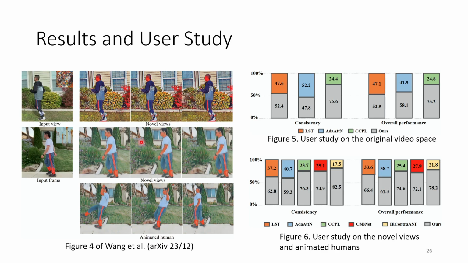And here again, you can see for example the head is around the rectangle, but here it moved to the right part of the window, and even slightly further. So this is the novel view.